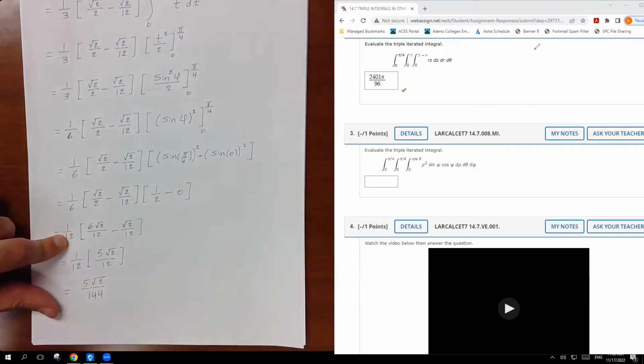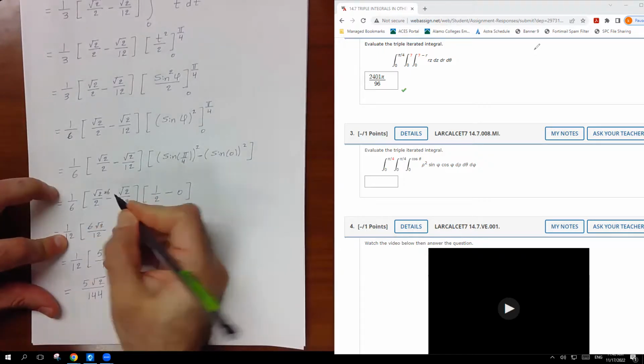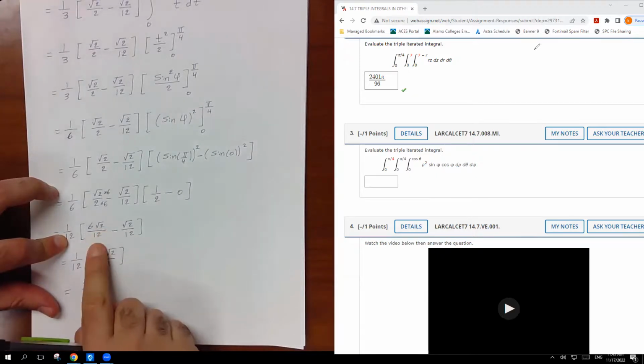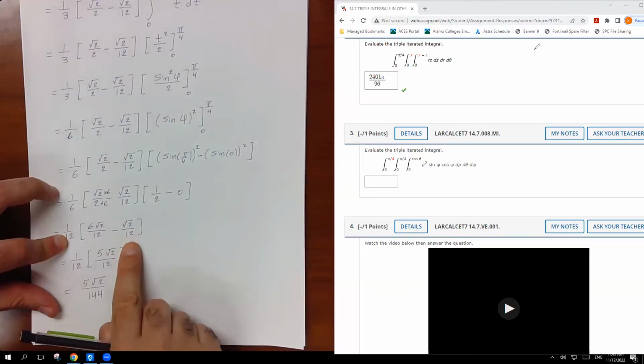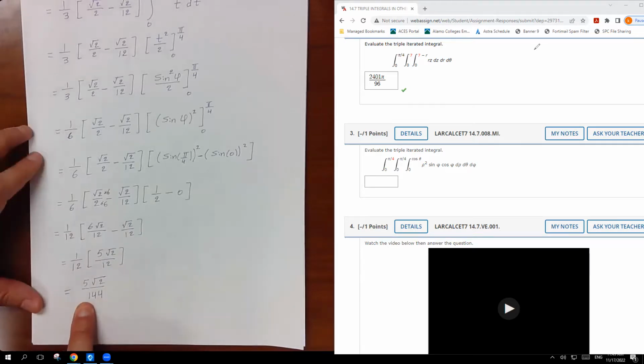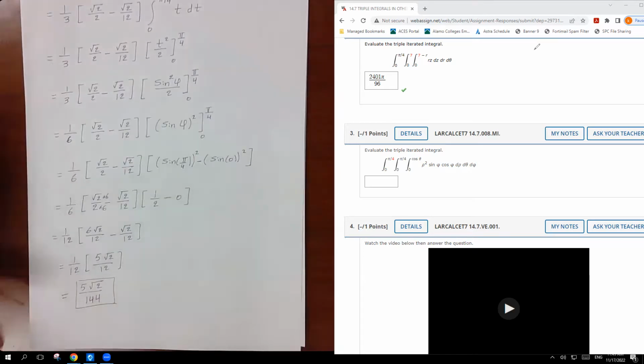Find the common denominator here. I'm going to multiply this one by 6, and I multiply this one by 6. So it's going to be 6 square root of 2 divided by 12 minus square root of 2 divided by 12, which is 5 square root of 2 divided by 12. 12 times 12 is 144. So our final result is going to be 5 square root of 2 divided by 144.